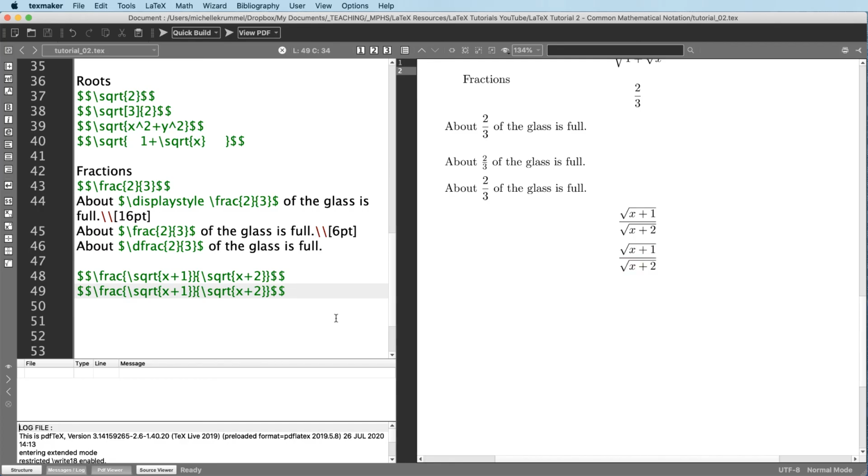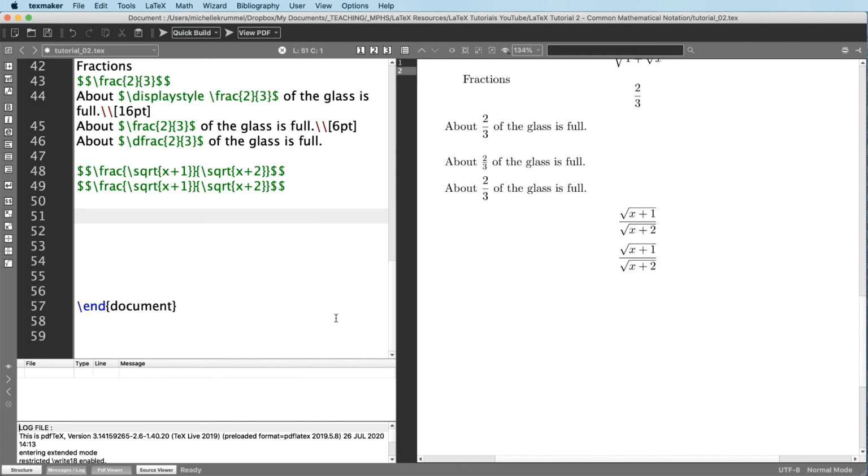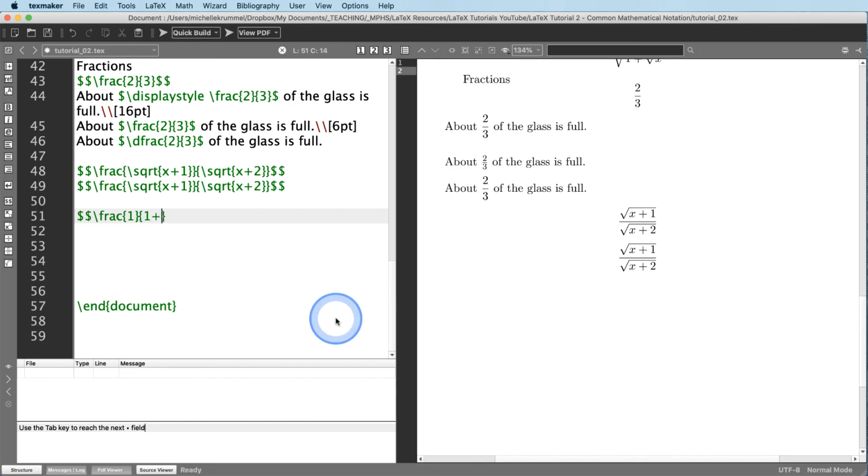Now, sometimes we work with complex fractions where you have a fraction inside of a fraction. So let's try that. So outside fraction, and let's do 1 over, so just 1 in the numerator, that's it. And then in the denominator, let's do 1 plus 1 over x. So 1 plus, and now I need a fraction.